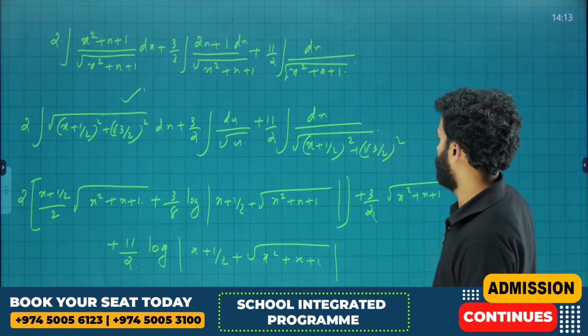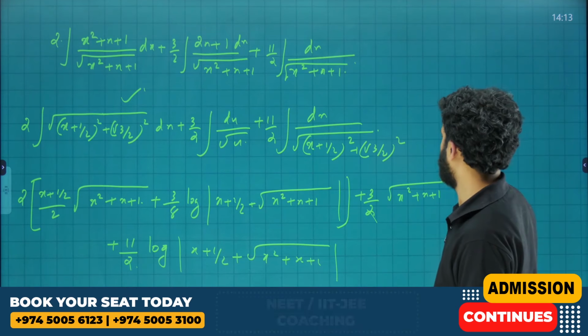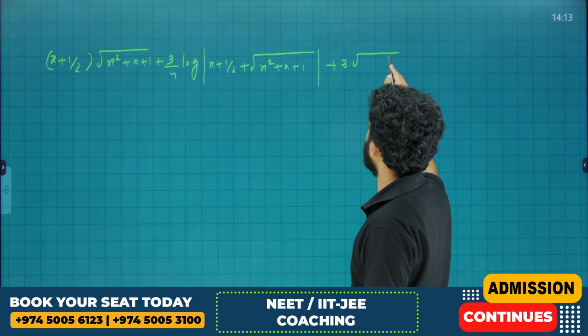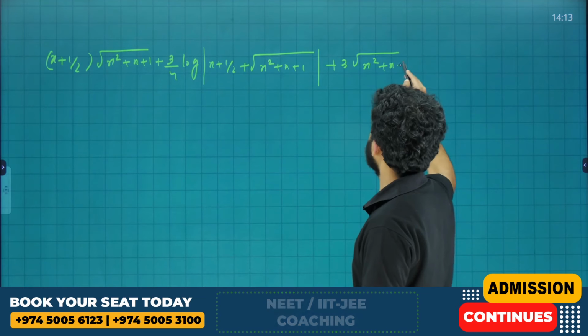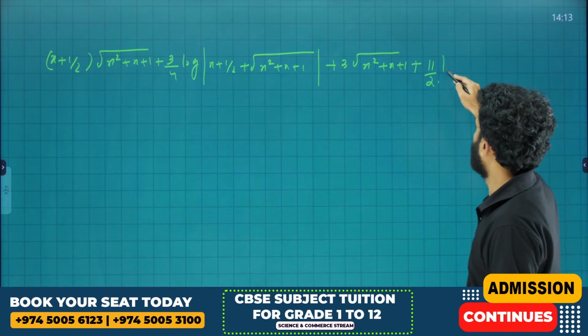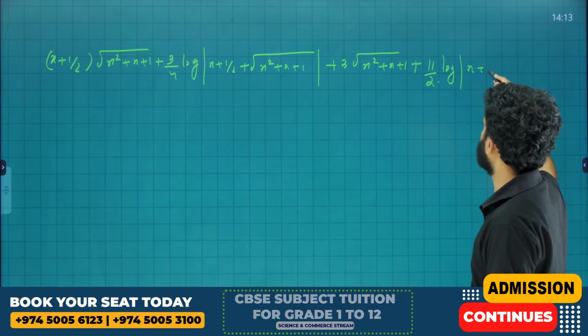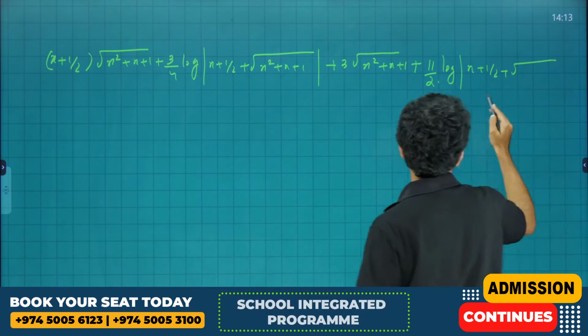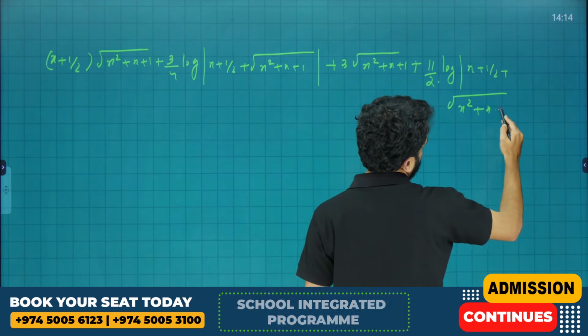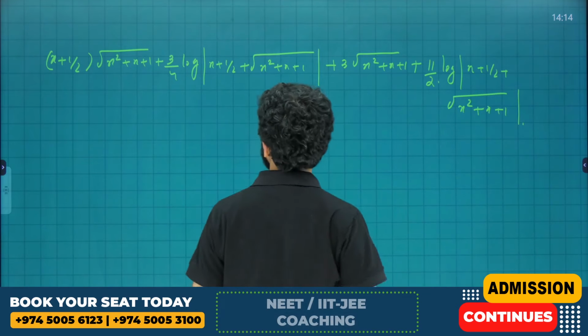Okay, next one, plus 3 into root of x square plus x plus 1 plus 11 by 2 into log mod x plus 1 by 2 plus root of x square plus x plus 1. Okay, I think that's it.